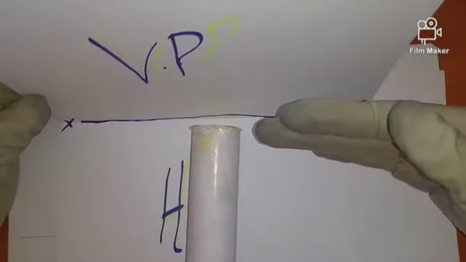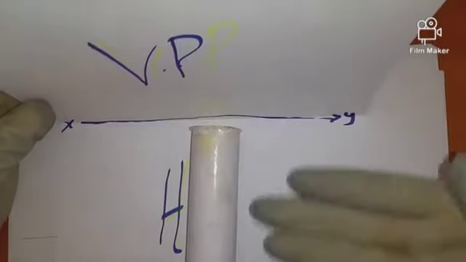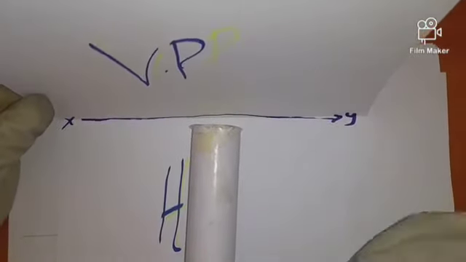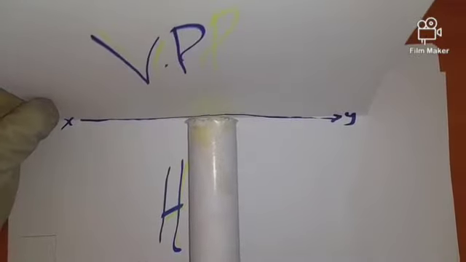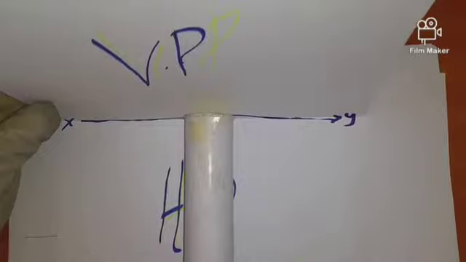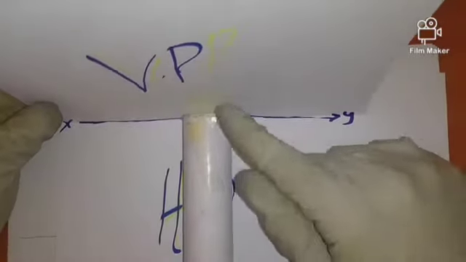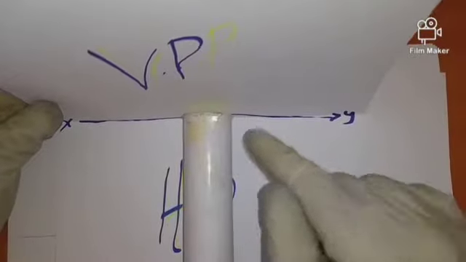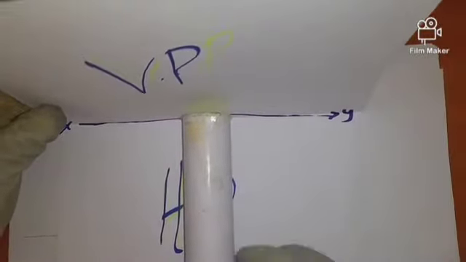This is the vertical plane, and the axis of our cylindrical object is going to be perpendicular, and therefore the plan will form a rectangle on the horizontal plane, and the end elevation will be viewed such that it forms a circle on the vertical plane. So that's the illustration I wanted to have.